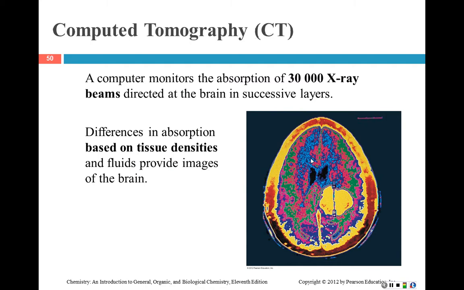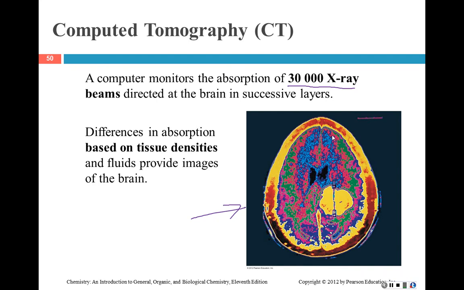Computed tomography, or a CT scan, they used to call them CAT scans, but they've come a long way. This actually uses X-rays, 30,000 X-ray beams that are directed at your brain in different layers. It's not as bad as it sounds, but because your tissue has different densities, they can assign colors to the different layers, and then they can give you this kind of three-dimensional look.